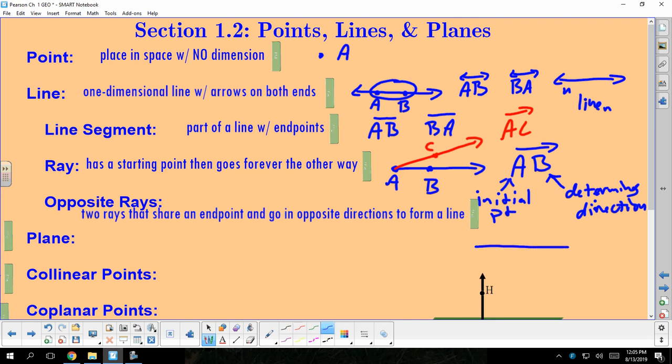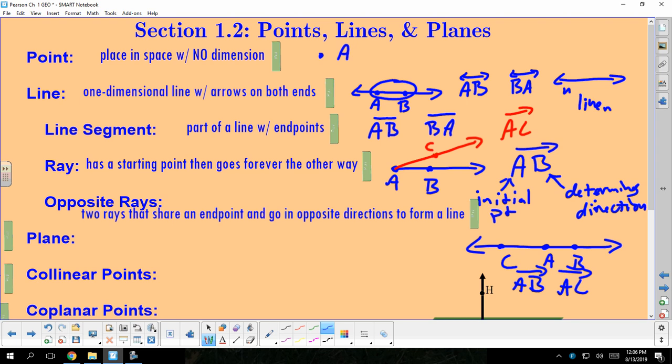So opposite rays. AB, AC are opposite rays. A very common mistake people make when they're first dealing with geometry and this notation.